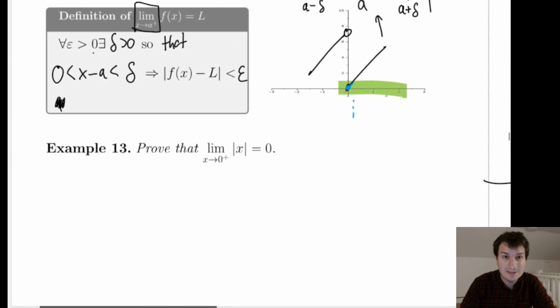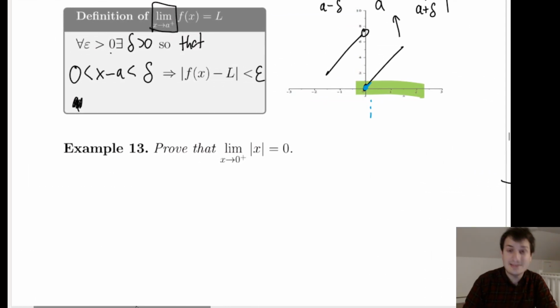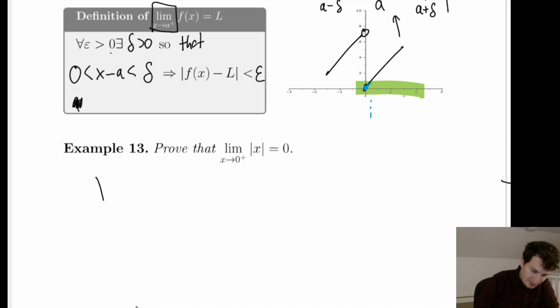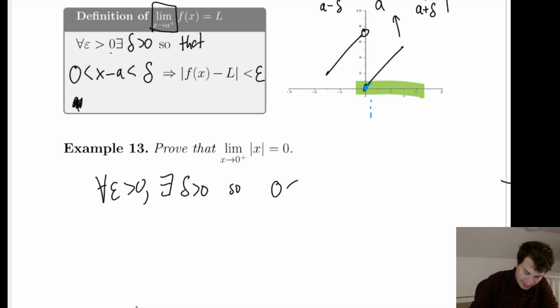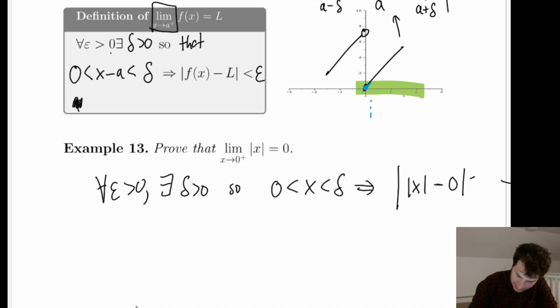Okay, let's do an example. Let's do the limit as x goes to 0+ of |x| equals 0. And so what this means is for all epsilon greater than 0, there exists delta greater than 0 so that 0 < x < delta implies |x - 0| < epsilon. That's what it means.